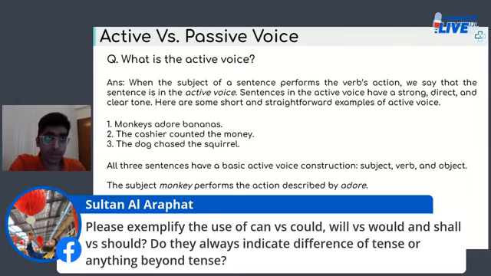Such as, for example, you were able to do something in the past, something that you don't do anymore, or something that you don't have the ability to do anymore. So you say, I can sing.